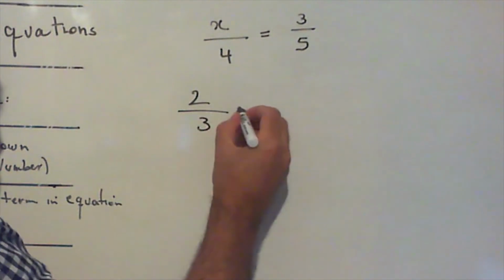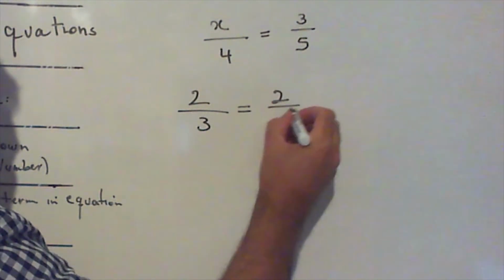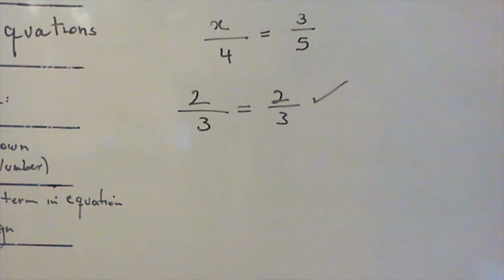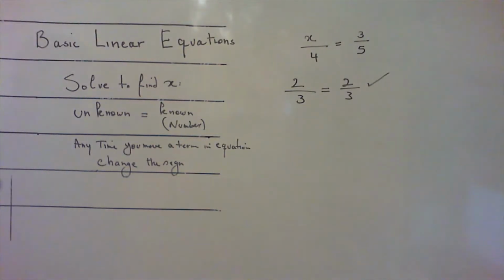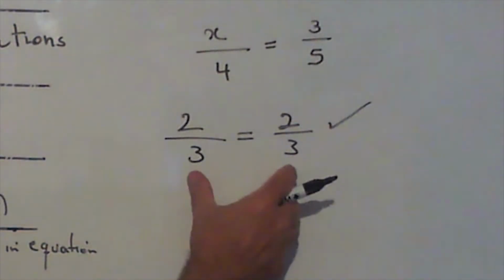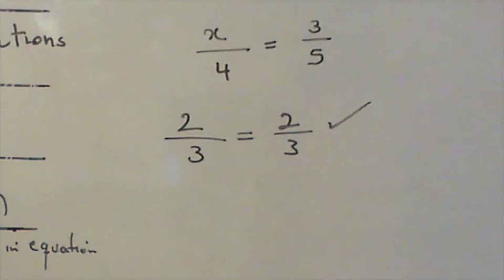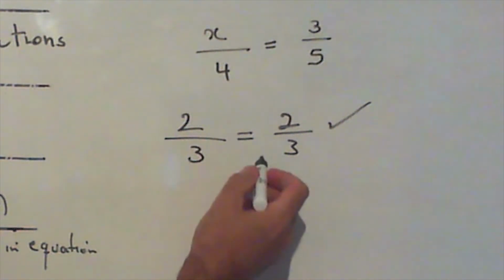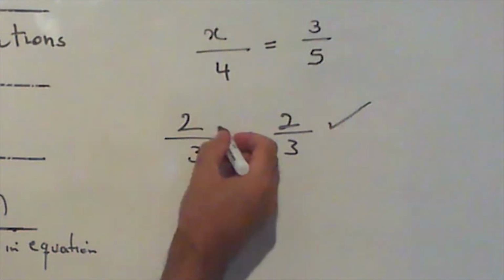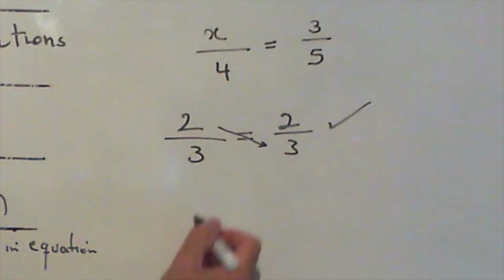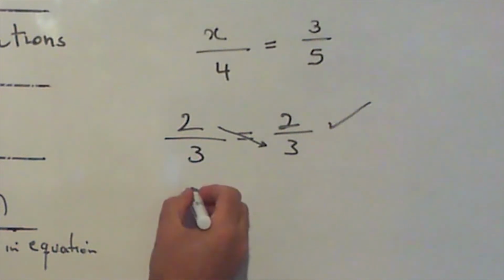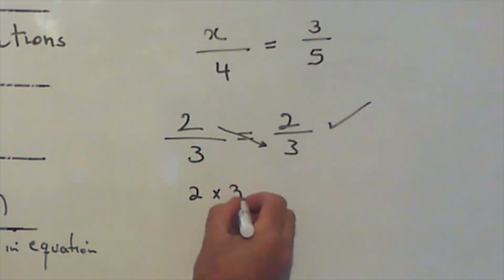You all agree that 2/3 equals 2/3. This is a valid equation. Okay, don't forget, in this equation I have two fractions, one on each side of the equation. Now look what happened. If I multiply numerator, denominator, denominator, numerator, I'm going to have 2 times 3.